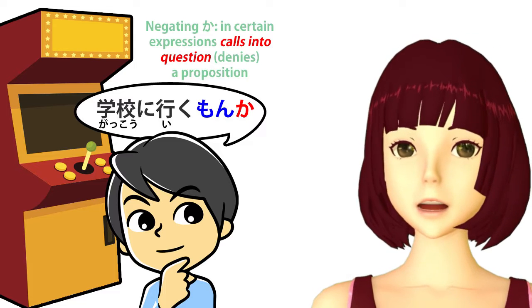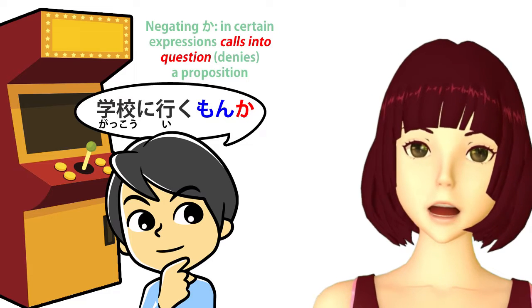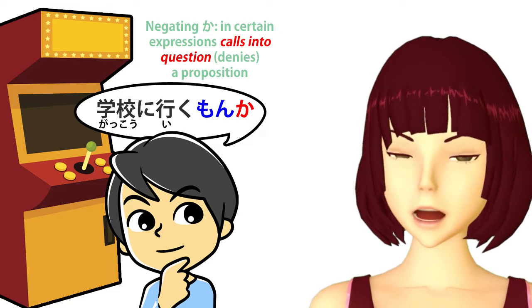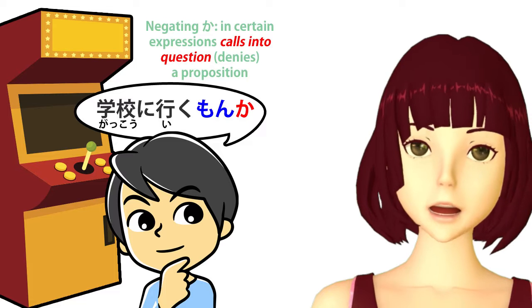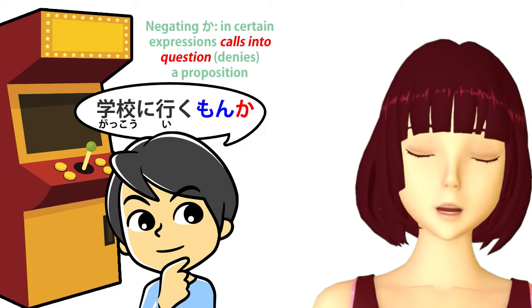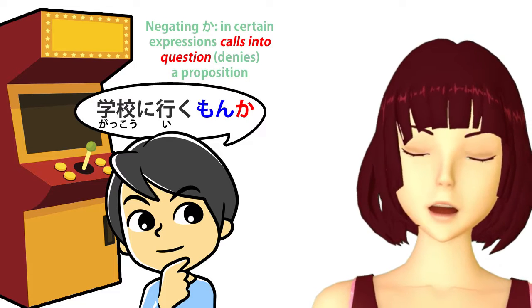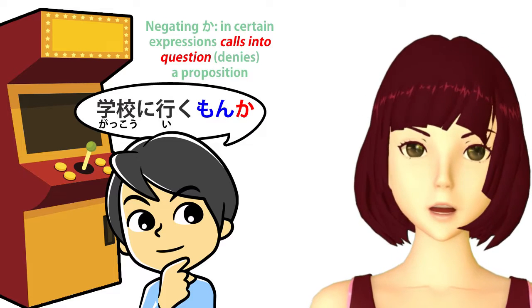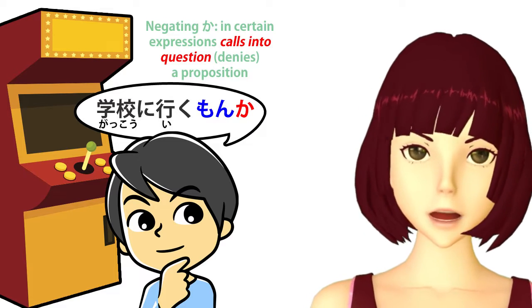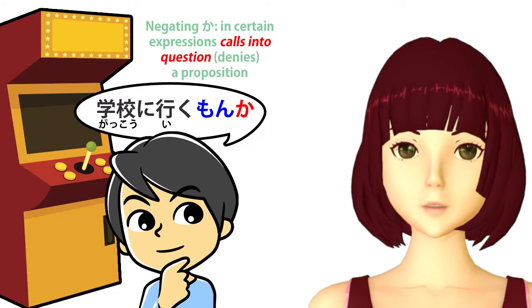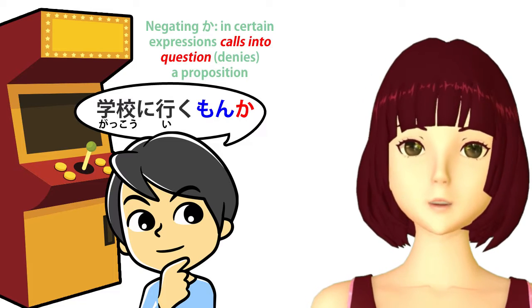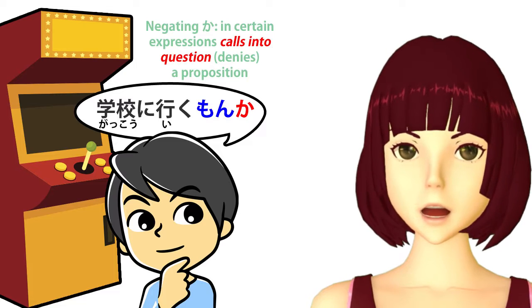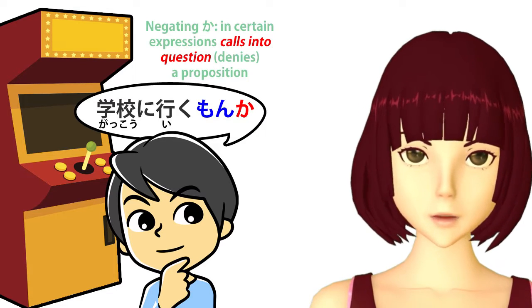So someone might say, "Sonna mono o taberu monka," I'm not eating that. And you notice here that we are, in fact, using the ka marker after a regular non-formal sentence. And that's because monka or monoka is in fact rather a rough way of talking. You're denying something very forcefully and often in opposition to somebody.